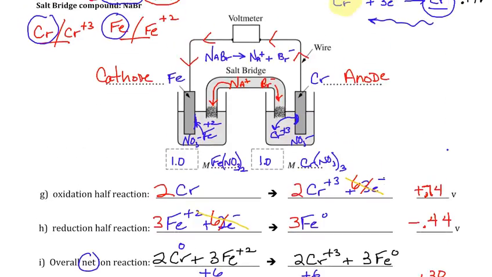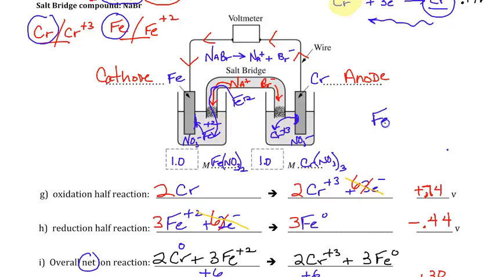So let's put them in and see what we have here. The Fe+2 would travel down. Oh, hold on. Wait a minute. It would add to the iron +2 that's already there.